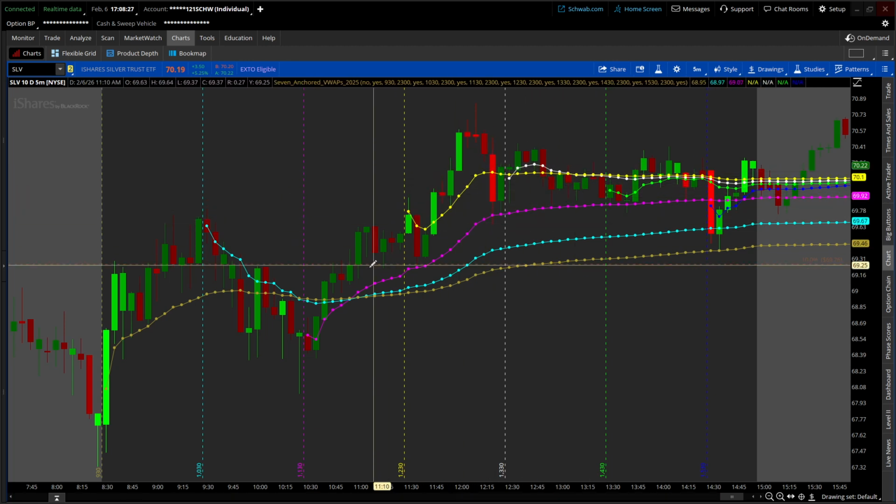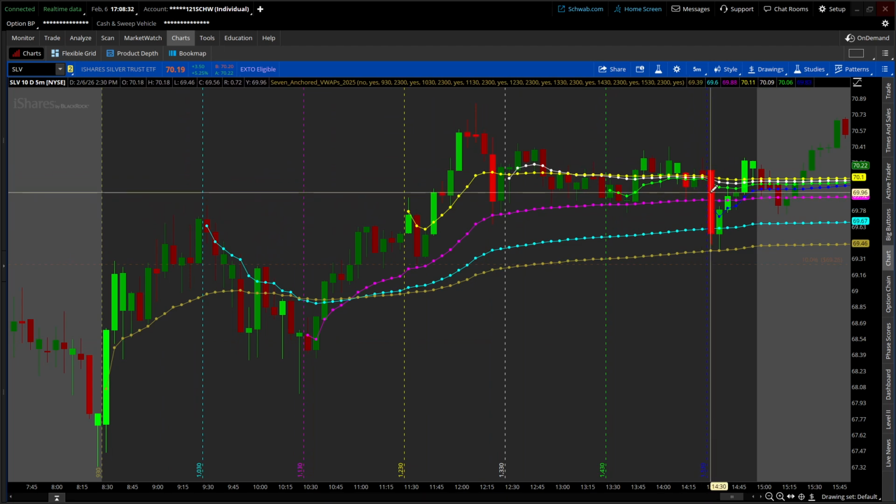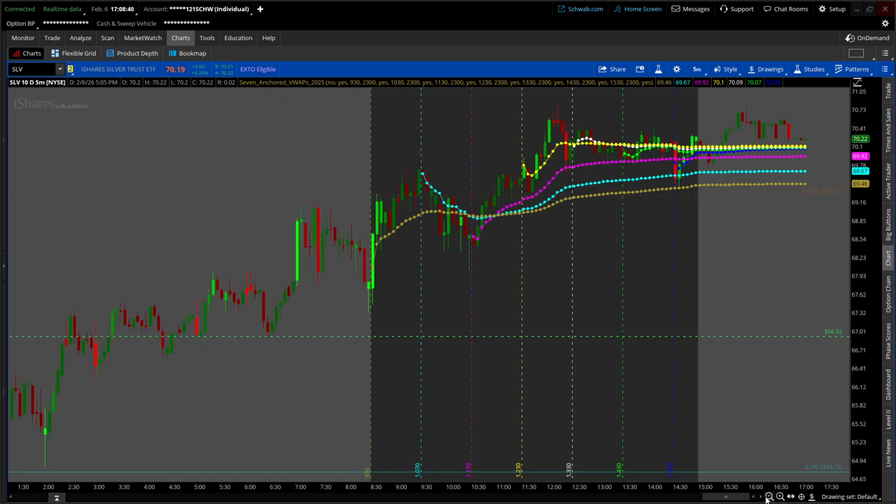And you can see where it pretty much just held the 11:30 VWAP up until this point where you had strong selling come in, noticeable by this bright red candle right here. But it was able to rise above and stay above all the VWAPs for the day.